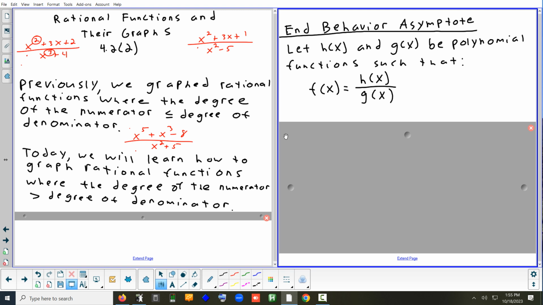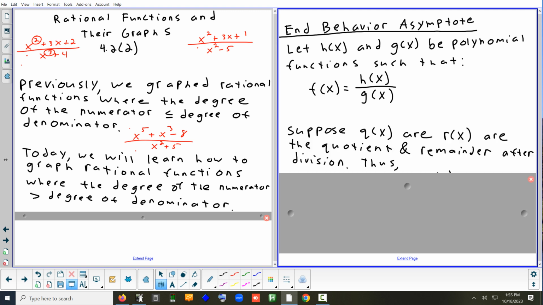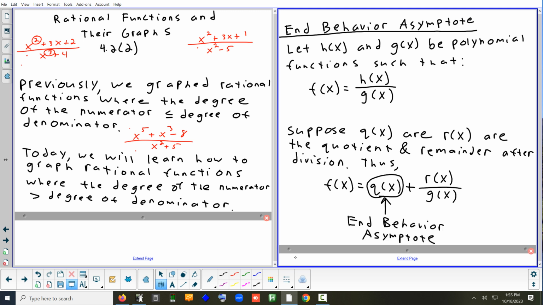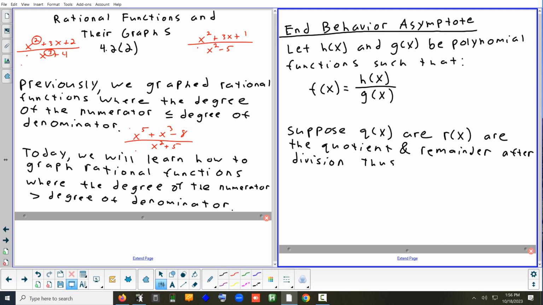When you divide two things, what do you call the answer? The quotient. And the part that's left over is the remainder. So when you divide those two things, you're going to get a quotient, I'll just call it Q of x, and you're going to get a remainder. The only part that we really care about is Q of x.